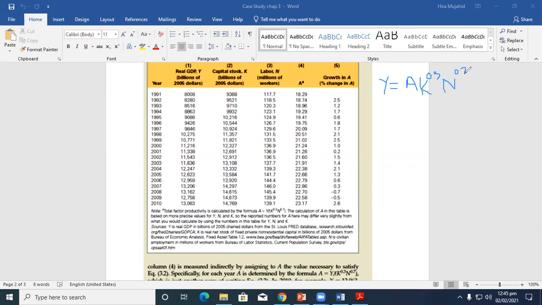If you want to find out the value of A, you have to rearrange the equation. So Y divided by K^0.3 N^0.7 gives you the value of productivity.